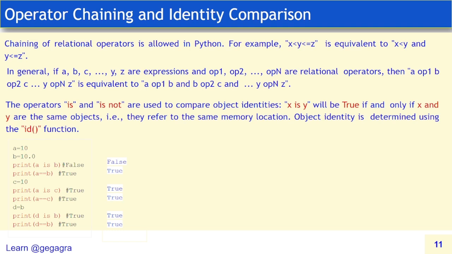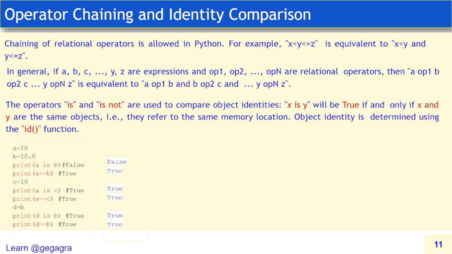Print a is equal to b. Yes, if you apply equal sign, in this case a and b are the same, but they are not pointing to the same memory location as in the previous statement, and that is why a is b gives false. Otherwise a is equal to b.